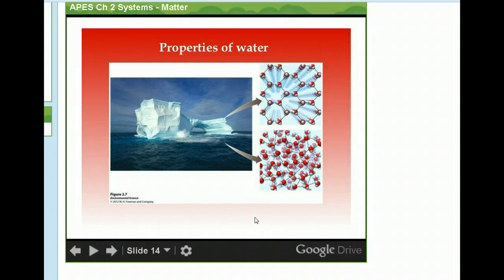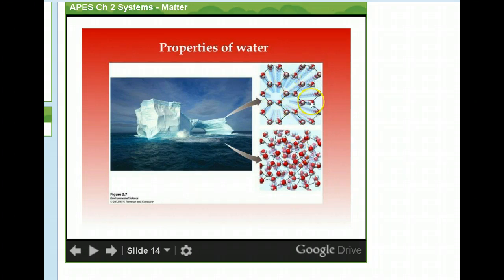The interesting property of water that also helps us live on this planet is that when it's in liquid form, like ocean water right there, it's really compact. But once it turns into ice crystals, it forms this six-sided structure that has hydrogen bonding in between it, and it's much less dense than the liquid water.